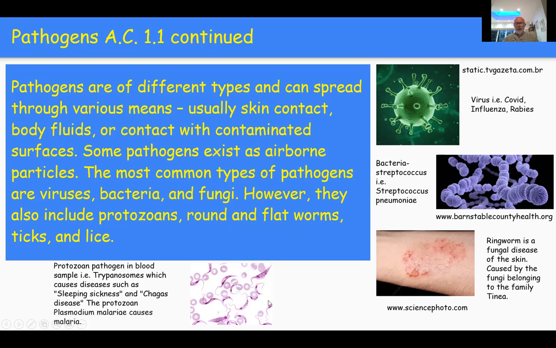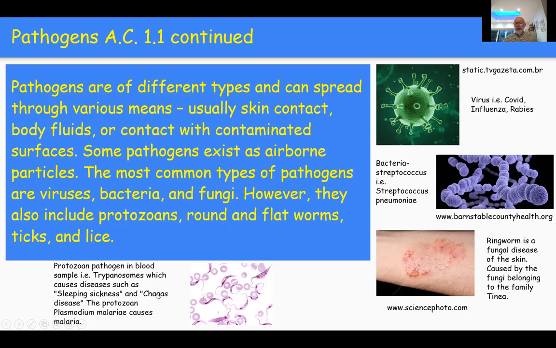Then at the bottom here, we've got a diagram showing red blood cells and these tail-possessing protozoans known as trypanosomes that cause things like sleeping sickness.